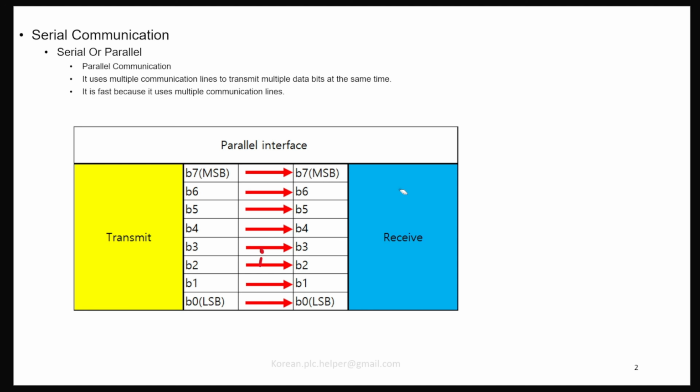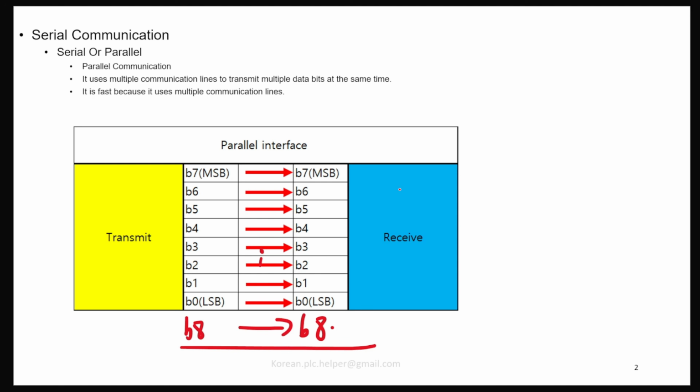In addition, when the number of data bits to be transmitted increases, such as B8, additional communication lines must be installed. As a result, wiring and maintenance costs increase.